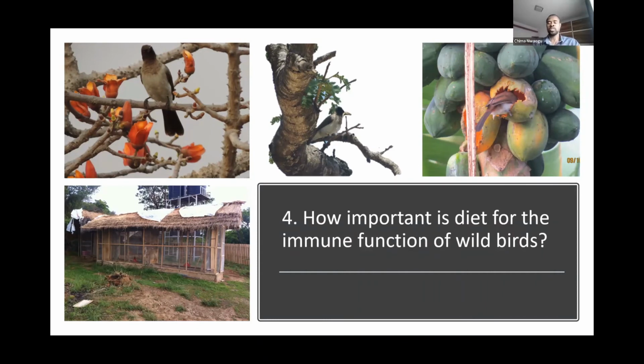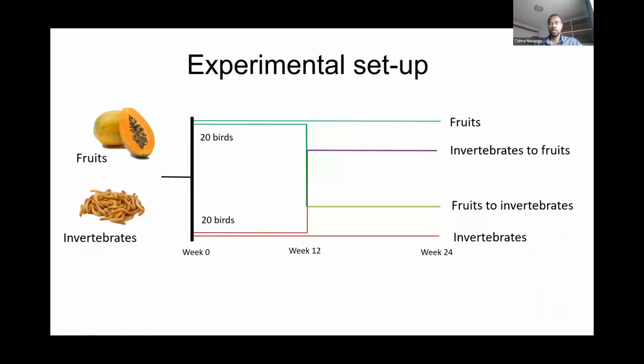So what we did was we took birds into captivity, 40 of them, 20 in one group, 20 in the second group. We fed one group with fruits and the other group with insects or invertebrates generally. And this included mealworms, we got grasshoppers, termites, and all that, and just fed them with it.